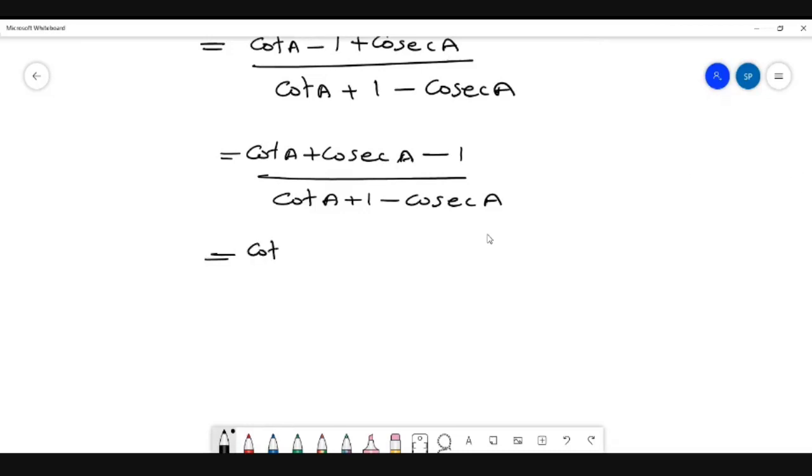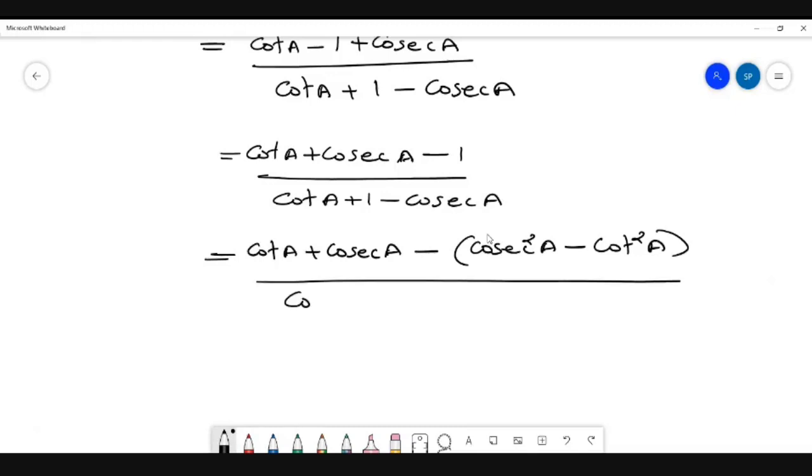We have cot A plus cosec A minus, in place of 1 we write cosec square A minus cot square A, whole divided by cot A plus 1 minus cosec A.